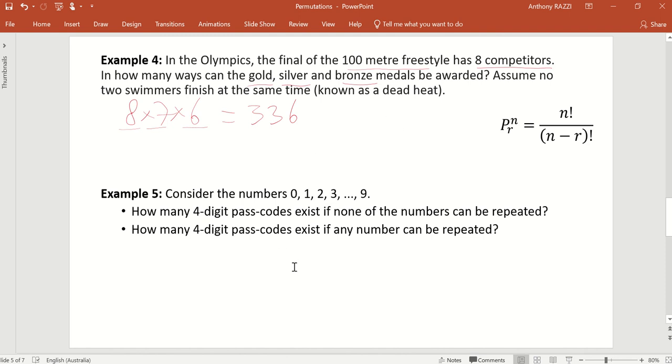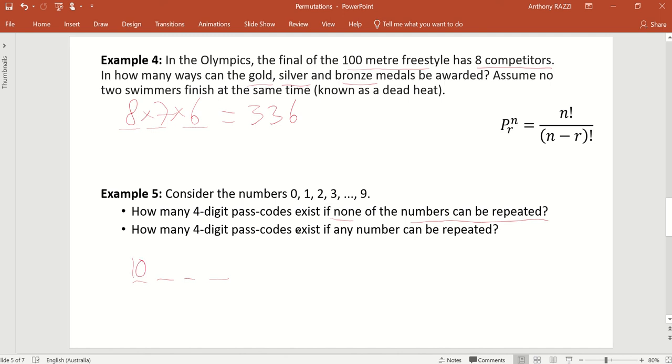Now, we're going to look at some numbers. So consider the numbers or digits 0 to 9. So there's actually 10, including 0. How many 4-digit passcodes exist if none of the numbers can be repeated? So again, it's a 4-digit passcode, 1, 2, 3, 4. Think phones. My phone's only 4. So in the first spot, you have your choice of 10 different digits.